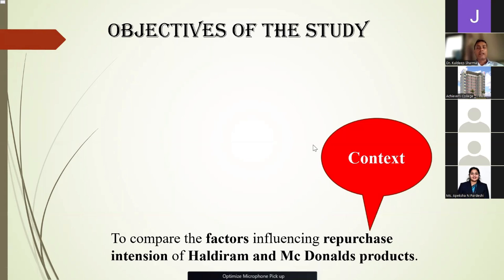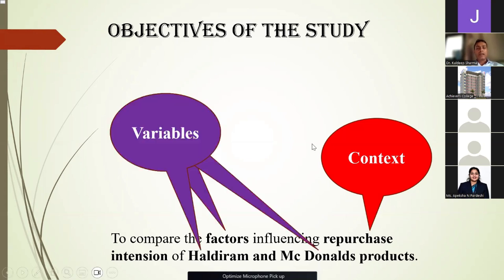Similarly, when I talk about my variables, earlier my variable was factor influencing, and in this case also factor influencing is a variable, but here I don't have a constant variable because here we have two items. When I use the word constant, constant means only one.